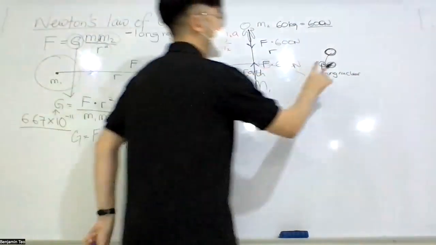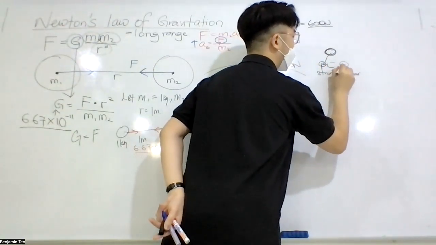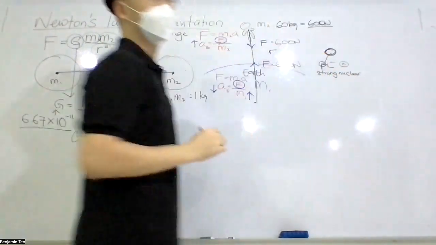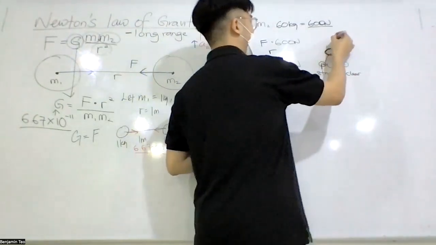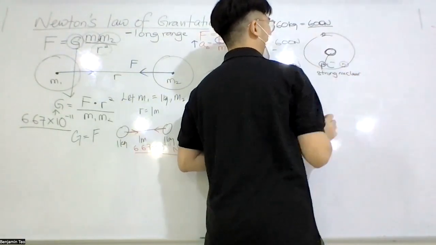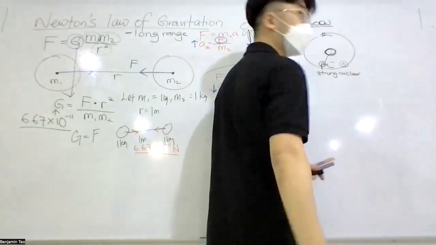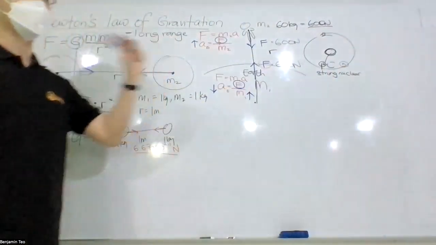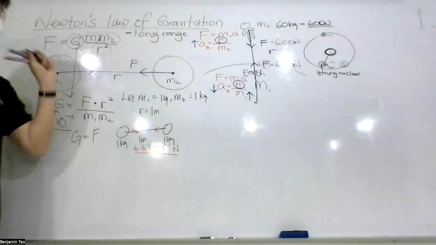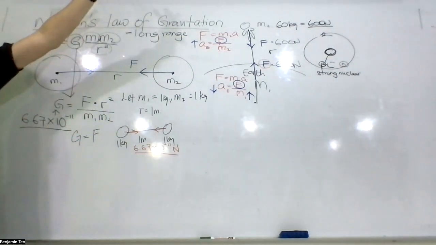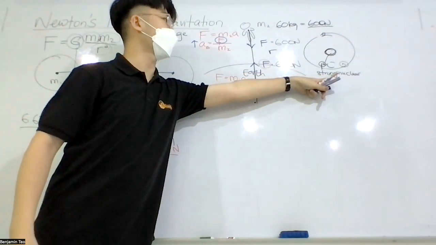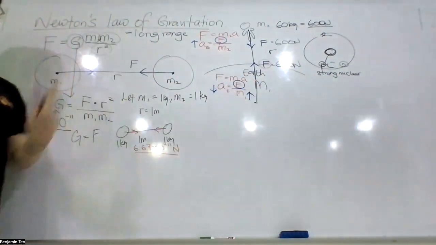The moment I move the neutron a bit further, this force will disappear. This is what happens inside the nucleus of an atom. This one is in another chapter. But just to compare, the strong nuclear force and the gravitational force are fundamental forces of the universe. This one is short range, strong force, but gravity is long range.